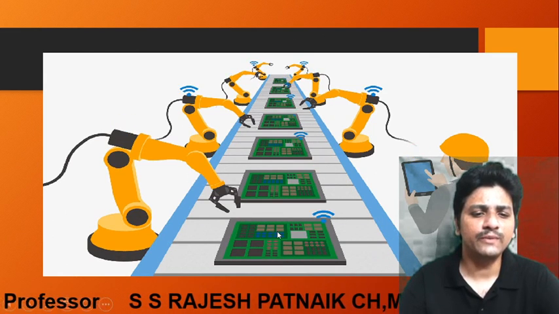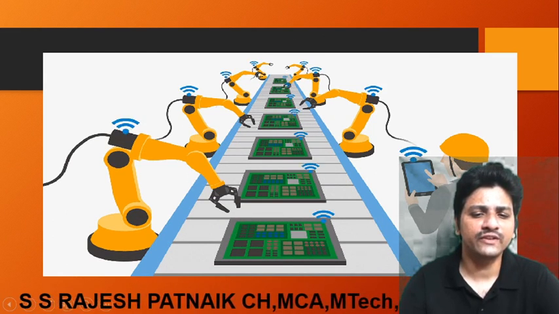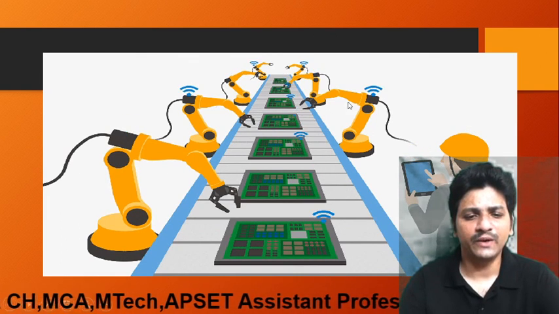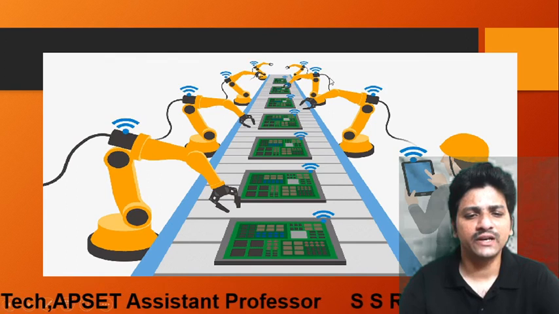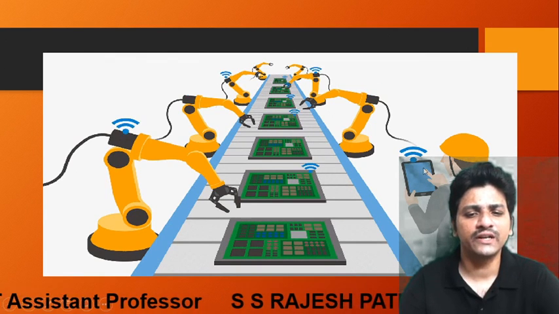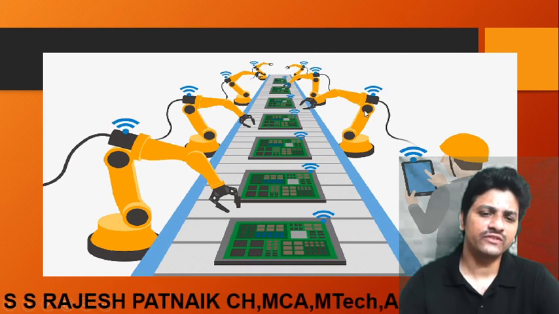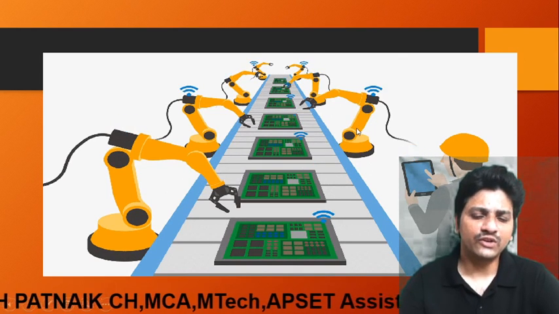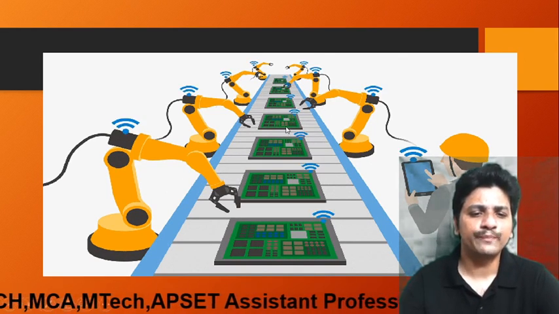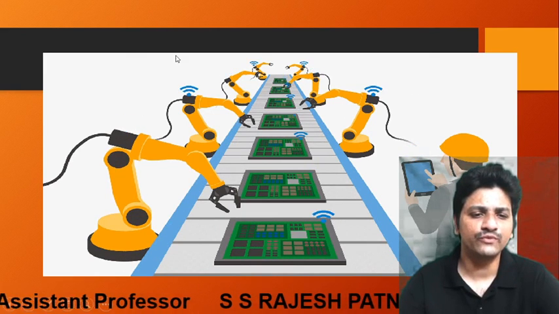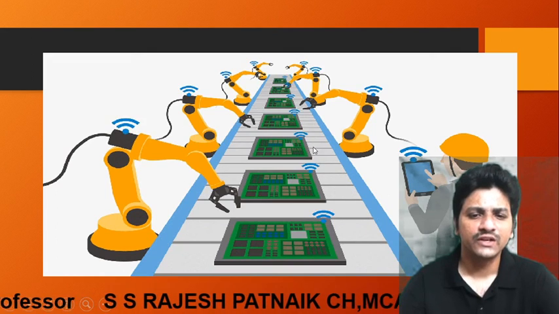These motherboards can't be manufactured by an ordinary human. But these robots can be continuously monitored and organized by a particular person through sensors. Sensors and actuators are connected to the robots to perform various types of tasks. So this is also one of the examples used in industries.